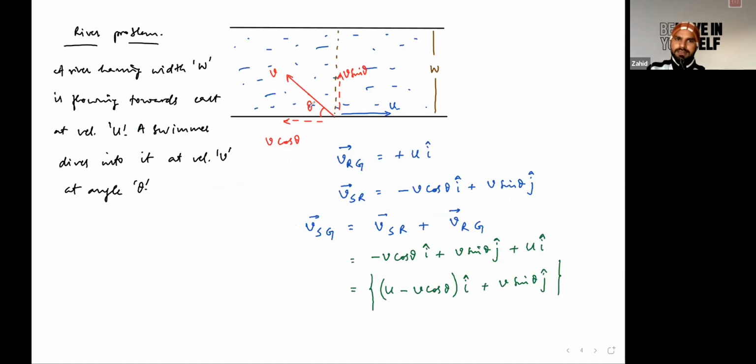In this part, the angle is with respect to this particular horizontal line. But in this problem, I have asked you to find this angle.